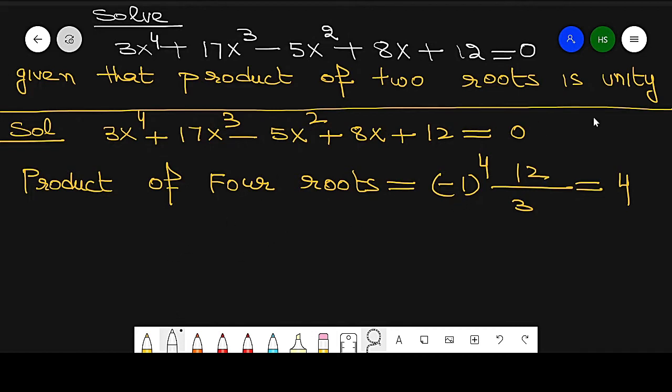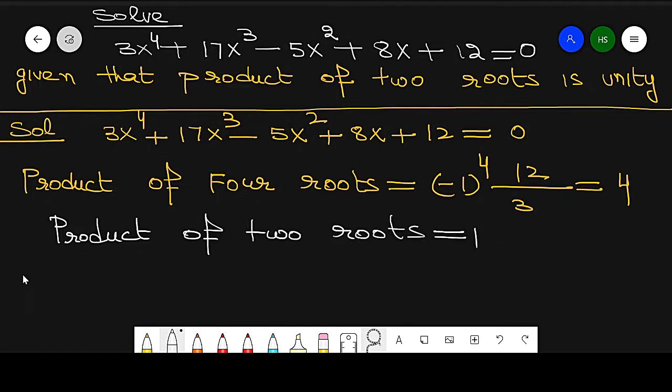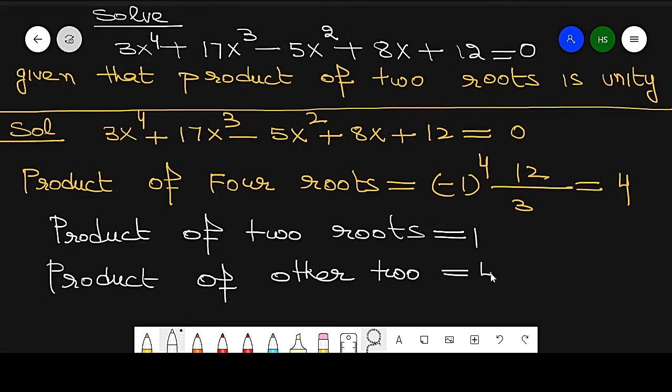And given that the product of two roots is equal to 1, it means the product of the other two roots is equal to 4. So here the product is given.